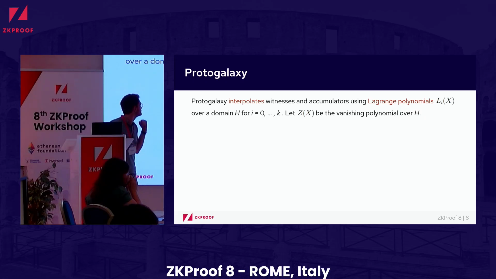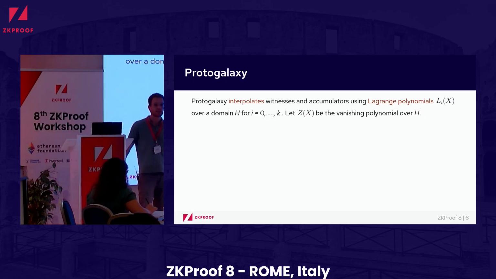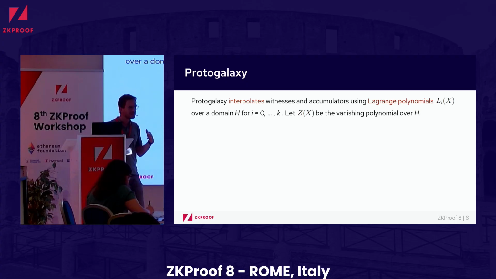So Protogalaxy interpolates witnesses and accumulator using Lagrange polynomials. Lagrange polynomials are something that we're all very familiar with. We select a domain H, sometimes the roots of unity for faster software.